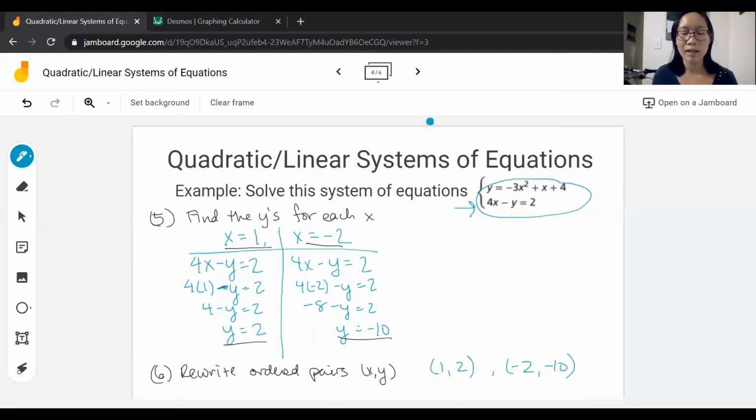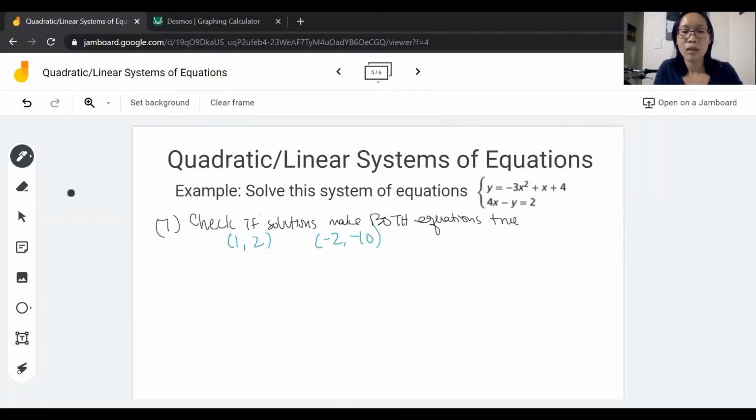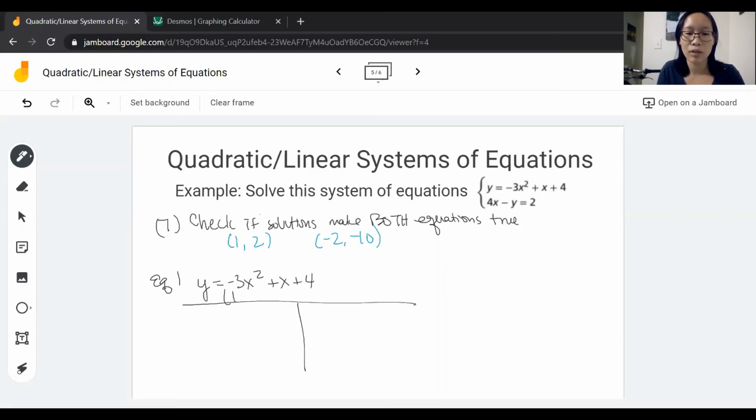From here, my last step is to check that each of these solutions satisfies both equations that I started with. To check algebraically, I have to plug in each point into each equation. So I'm going to start with equation 1, or y is equal to negative 3x squared plus x plus 4. And I'm going to check both points, (1, 2) and (negative 2, negative 10).